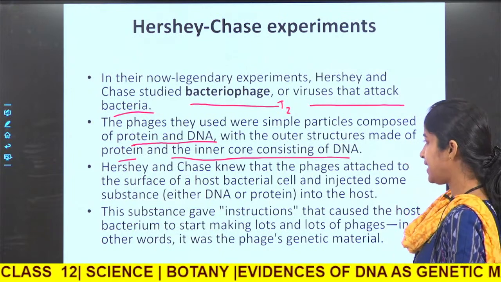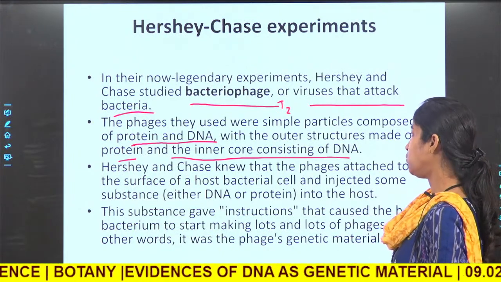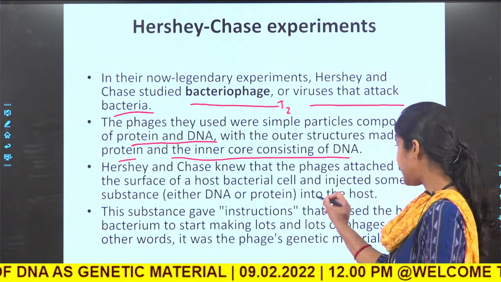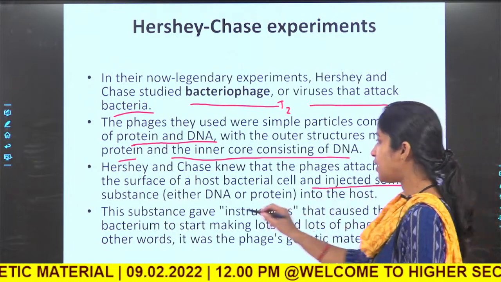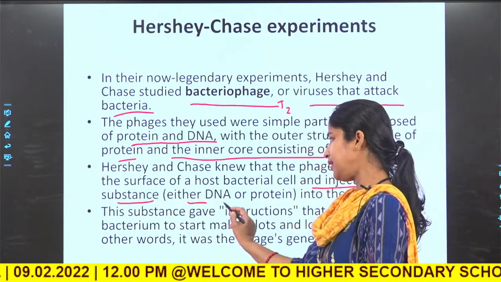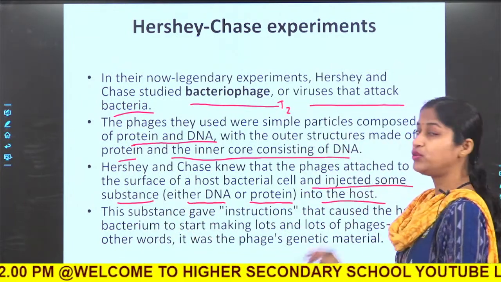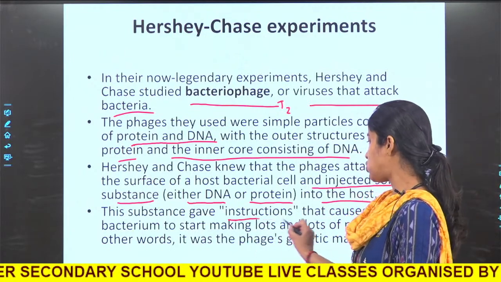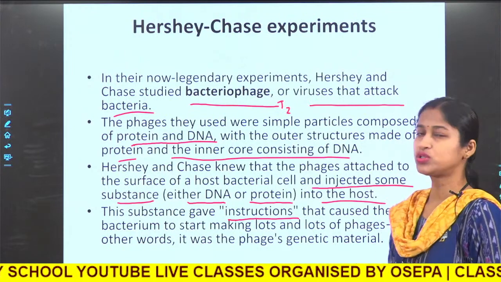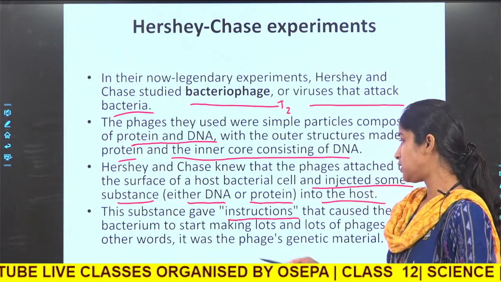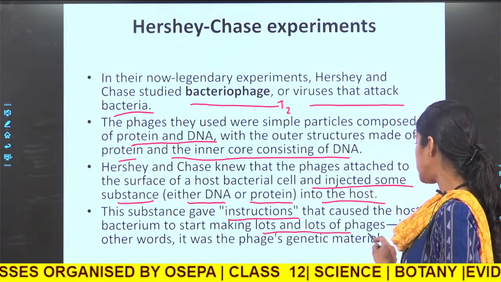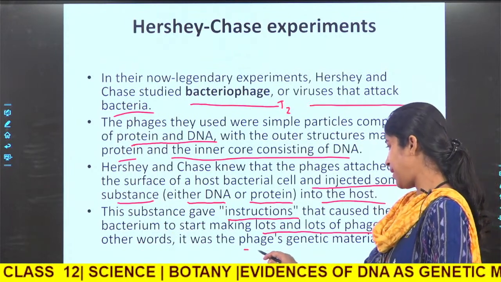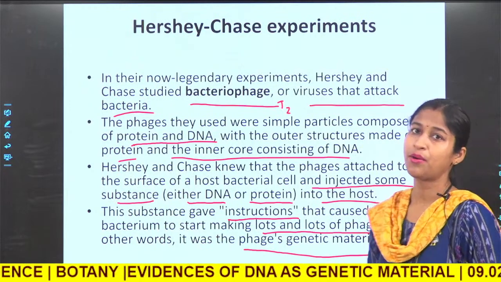Hershey and Chase knew that the phages attached to the surface of the host bacterial cell and injected some substance, either DNA or protein, into the host. These substances gave instructions that caused the host bacterium to start making lots and lots of phages. In other words, it was the phage's genetic material.